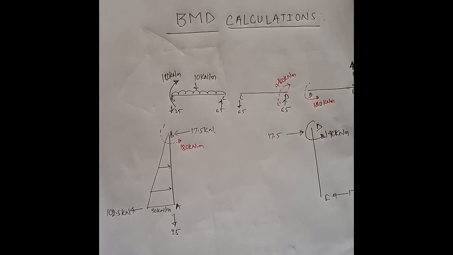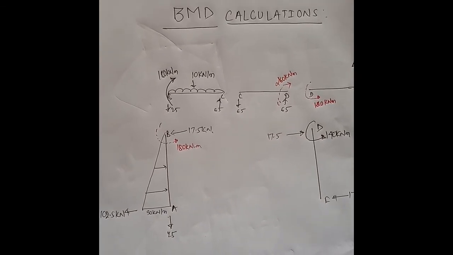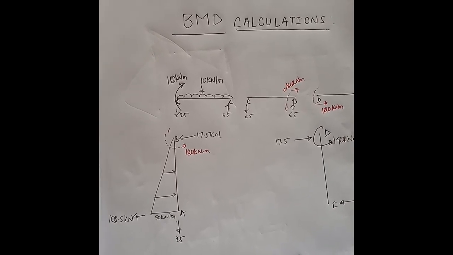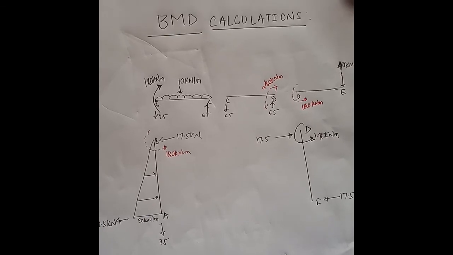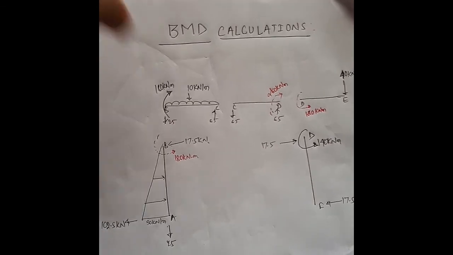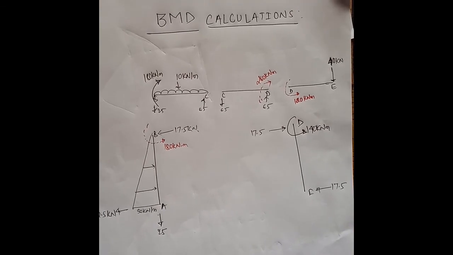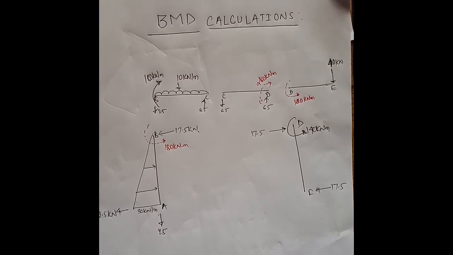So actually at joint B in section AB, the moment is taking place as clockwise, but to balance this, the moment has been taken as anti-clockwise 180 kilonewton meter. So this is the balancing moment. This shall be taken in the opposite direction, so we need to take it as clockwise while drawing it.